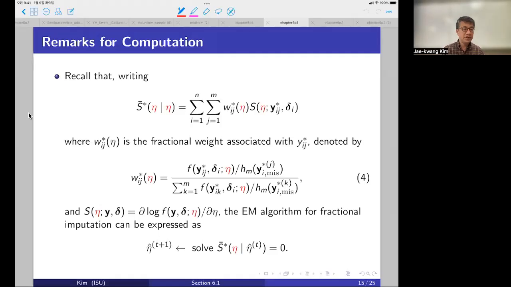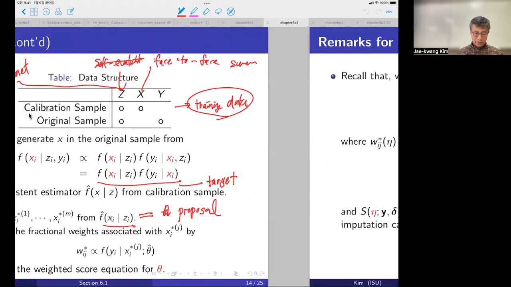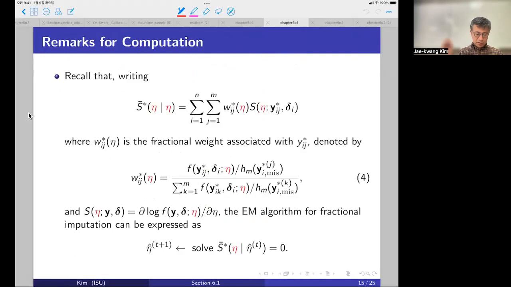Okay, let's get started. So we'll continue fractional imputation, but we'll speed up a little bit. Computation: remember, basically we can use the information.